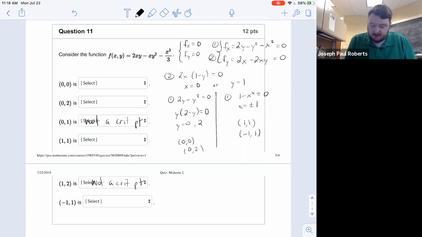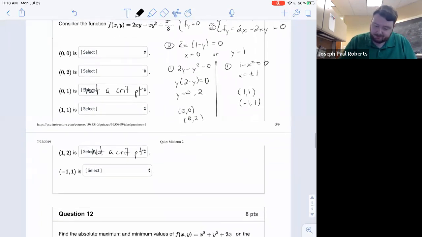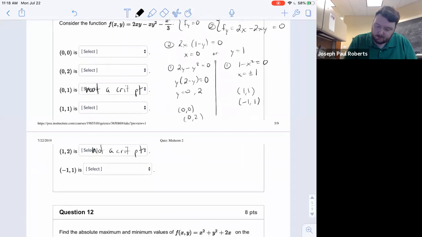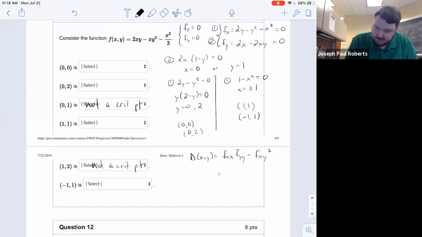Okay, so as far as classifying these go, remember we're doing D of xy is the x second partial times the y second partial minus the square of the xy second partial. So for this, it's minus 2x times minus 2x. That's not the usual situation, but it can happen, of course.